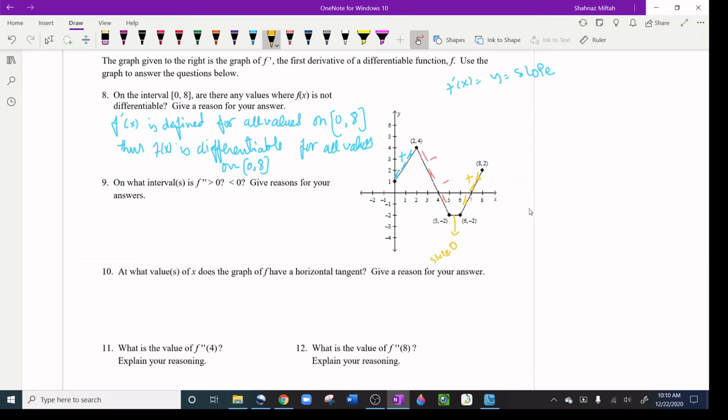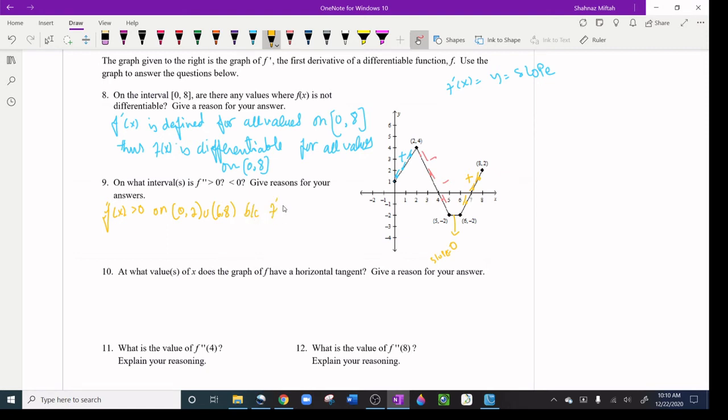Okay, we finished that. Now let's figure out where f double prime is greater than 0. From 0 to 2, f double prime x is greater than 0. And then up here, 6 to 8.